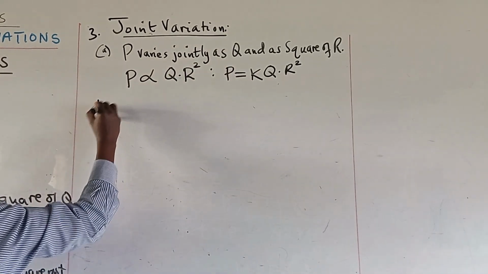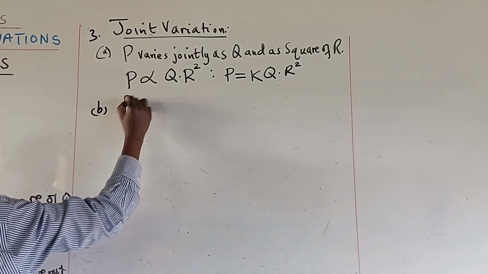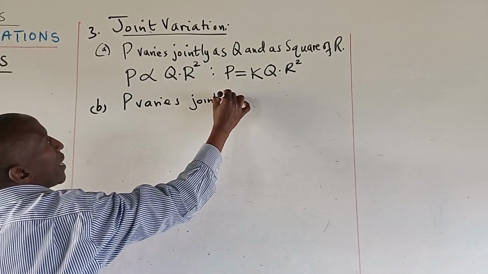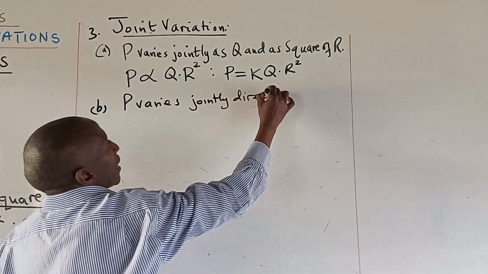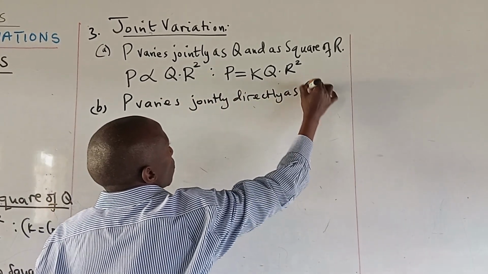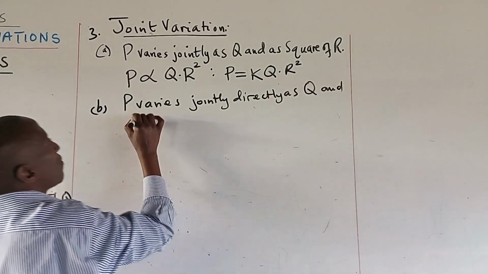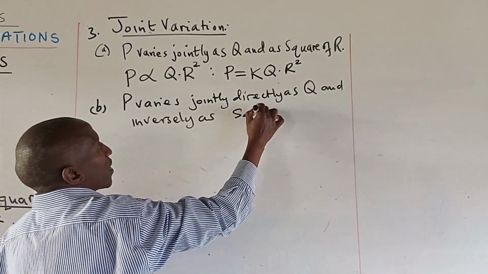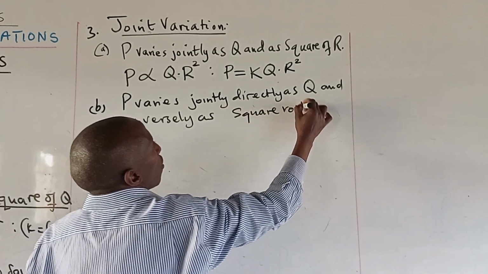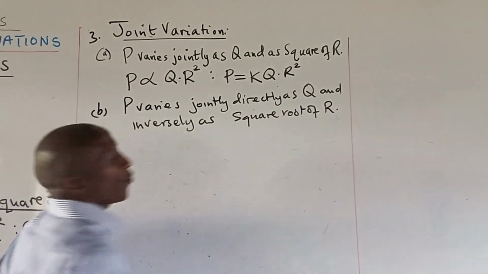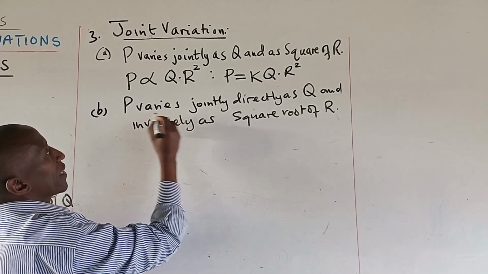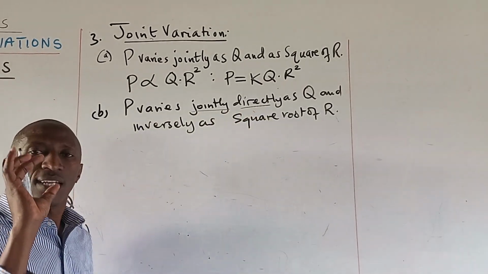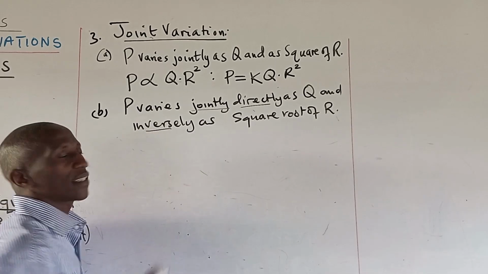In B, we can look at a different case. P varies jointly, directly as Q and inversely as the square root of R. You find that this being a joint variation, one part is direct and the other one is inverse.